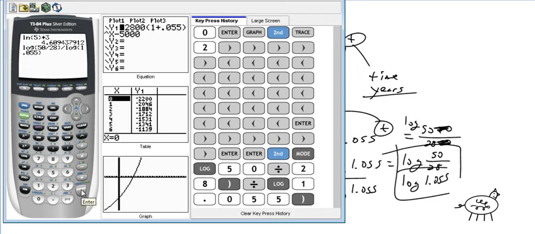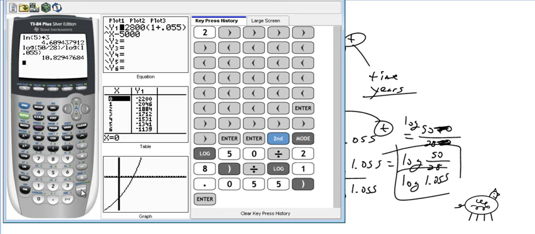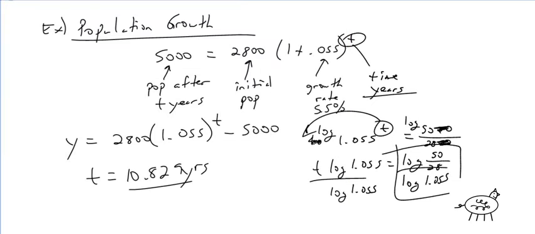Okay, and we're looking for 10.829. Oh yeah, there it is, 10.829. So just kind of a good check, just make sure we know what we're doing. So again, this is our approximate answer, and this is our exact.